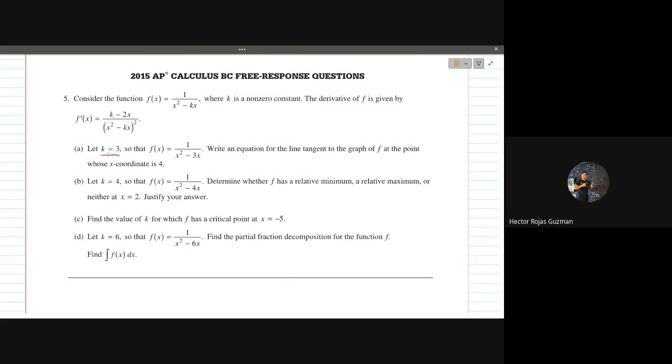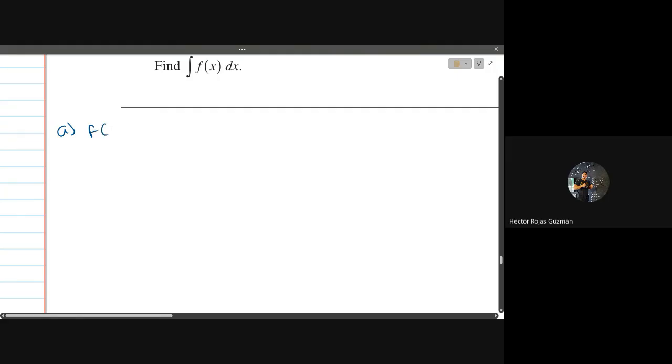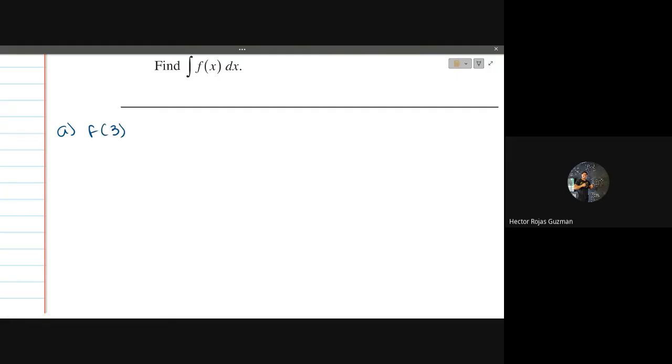Tangent lines. What do we need for a tangent line? We need the point and we need a slope. Exactly. We already have the x coordinate, so now we just have to get the y coordinate. They said x is 4.